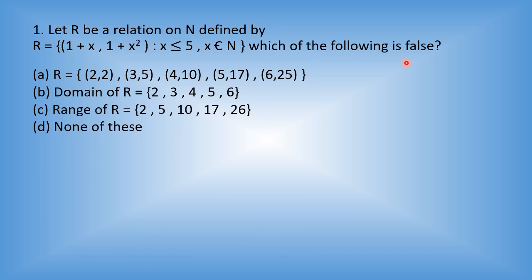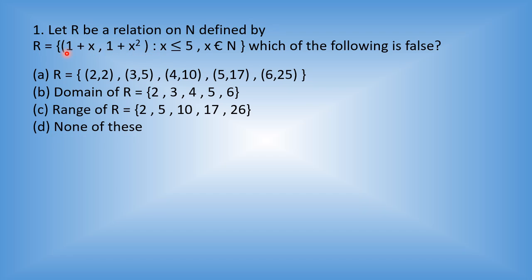The first statement is R has these elements. These are the elements of the relation R. The second one says the domain of R is this. The range of R is these numbers. And the fourth option is none of these. For that, first we have to discuss what the relation R is.